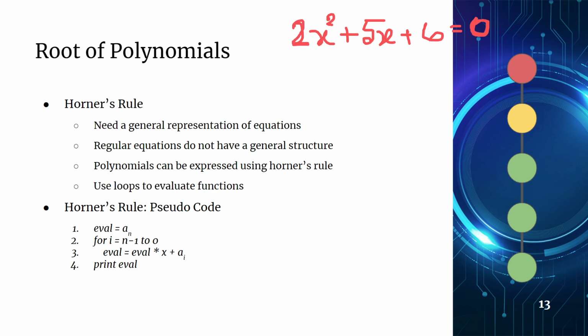Now in computer science, if I want to consider here, it is an x square, so x and x will be multiplied. Okay, let's break this down, so make it a little bit easier.